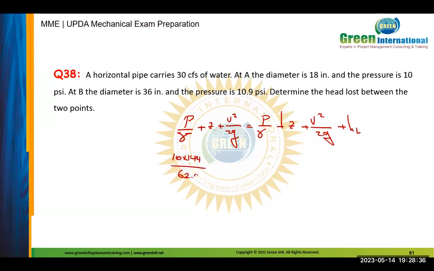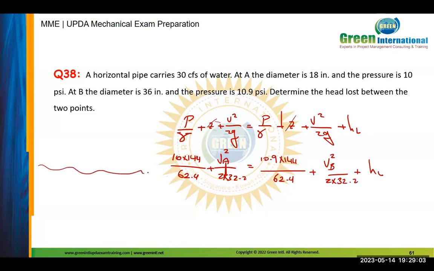Z cancels with Z. V squared over 2g equals 10.9 times 144 over 62.4, plus V squared B over 2g, multiplied by 32.2, plus H loss.